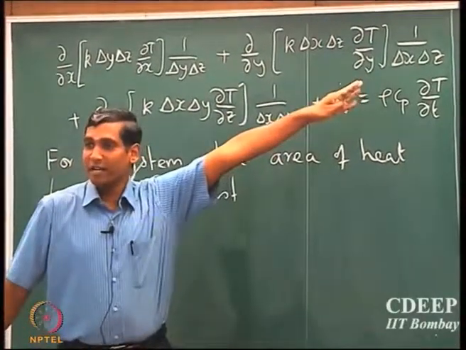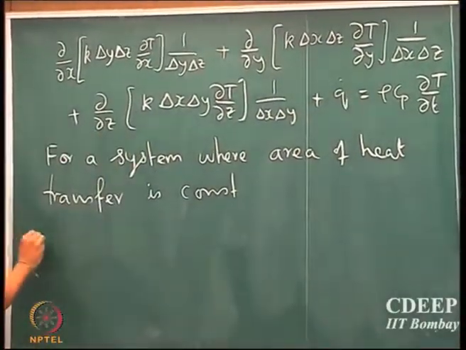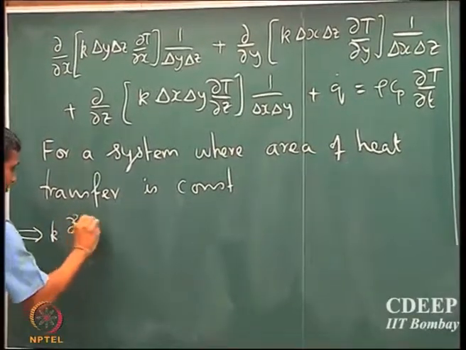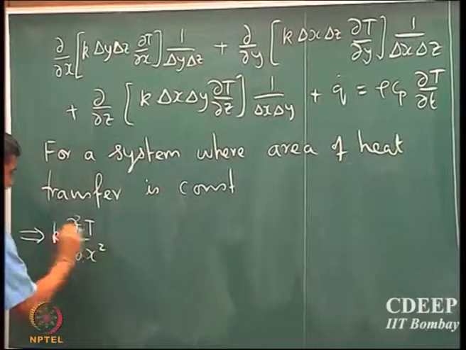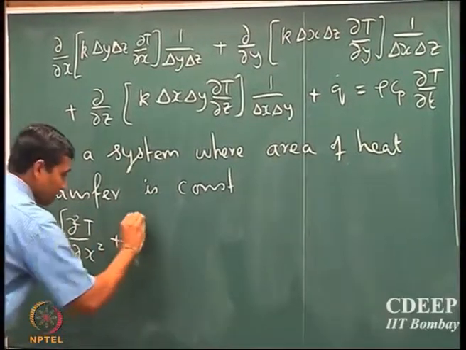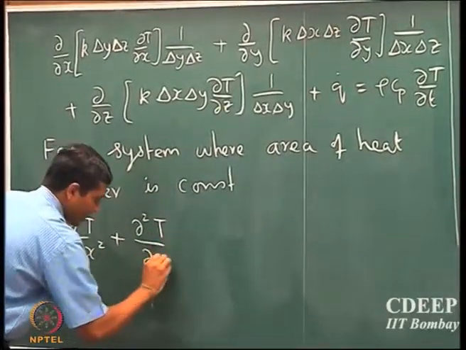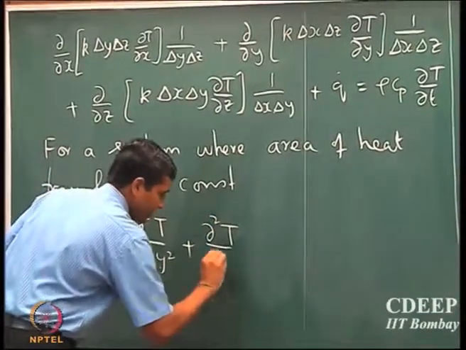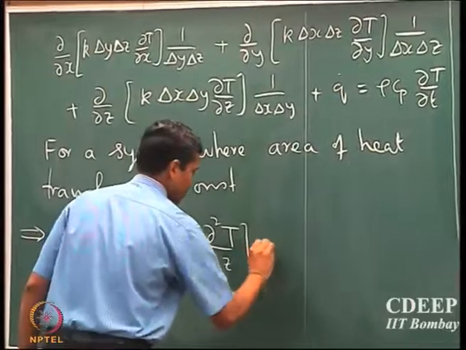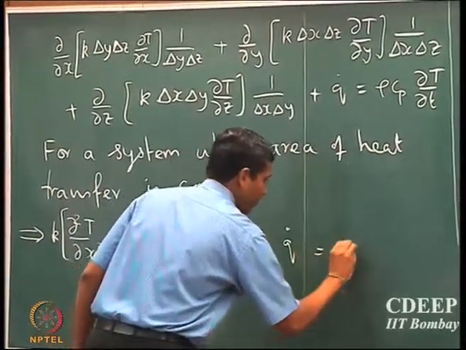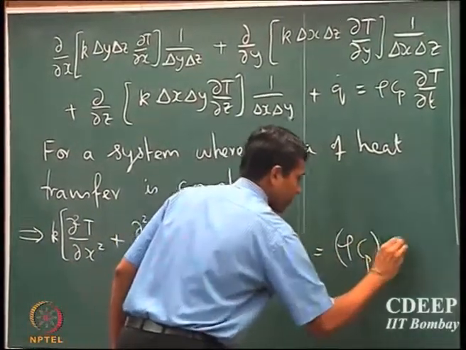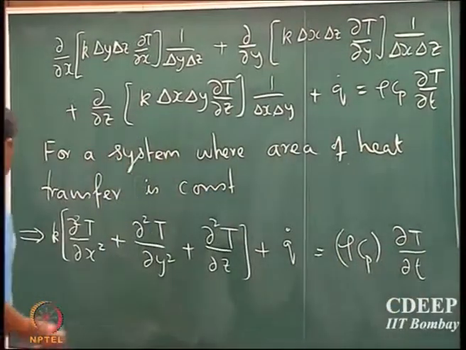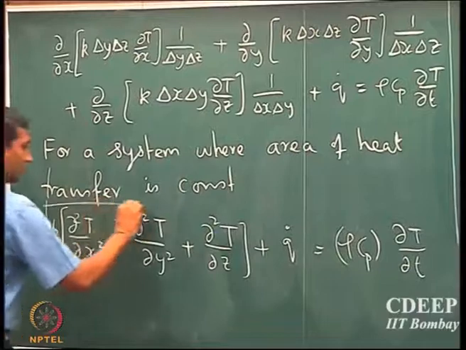from the derivatives inside, and so this will simply become k into d square T by dx square plus d square T by dy square plus d square T by dz square, plus q dot equal to rho Cp dou T by dou t. So this is the energy balance.